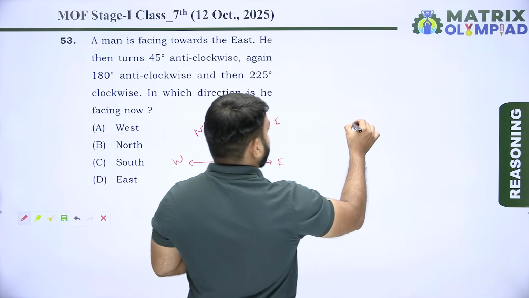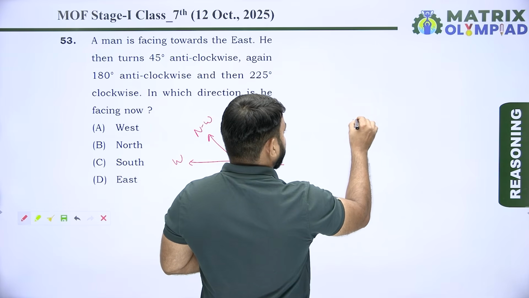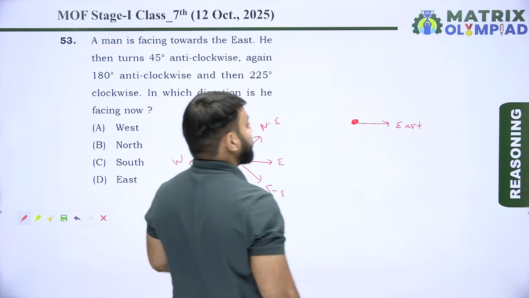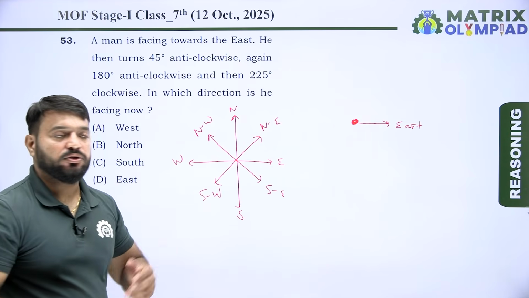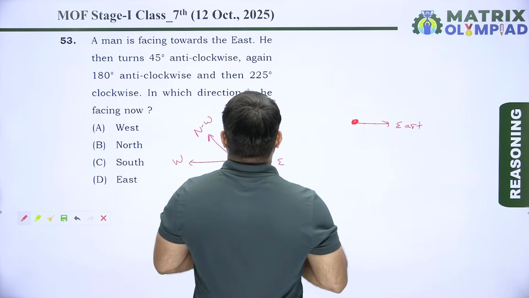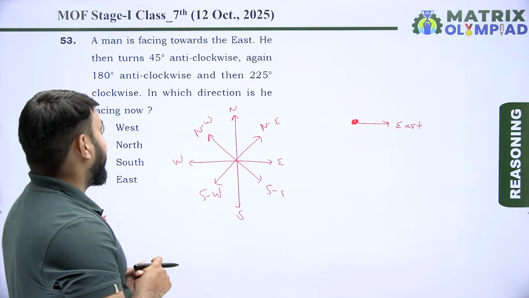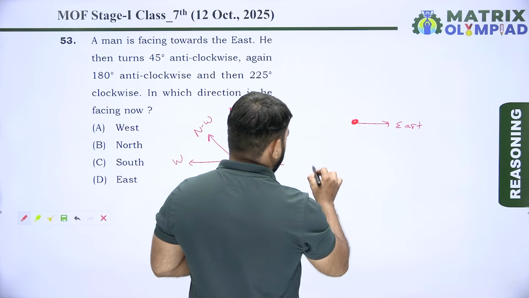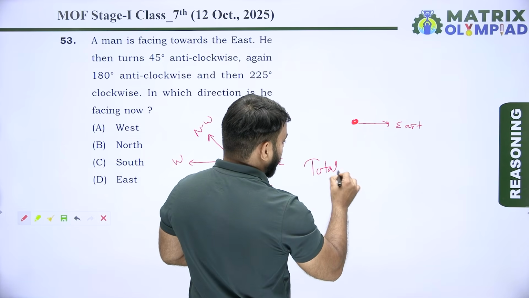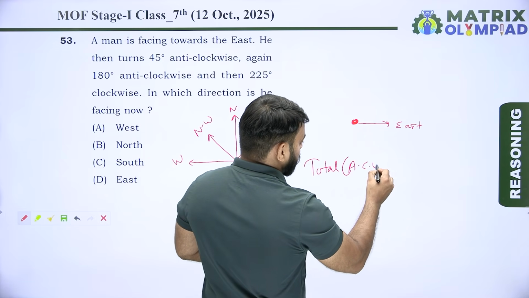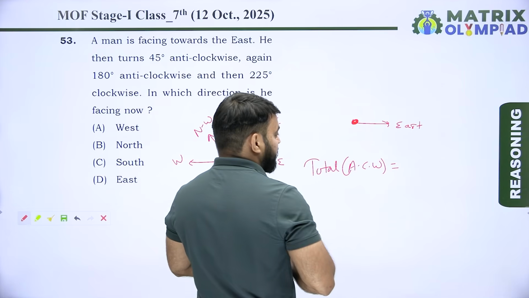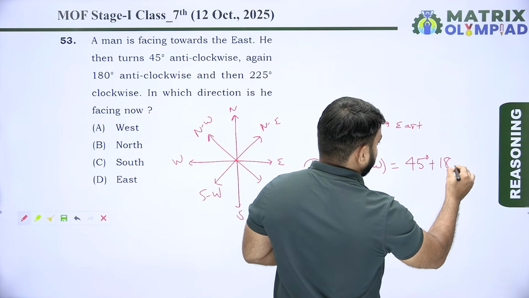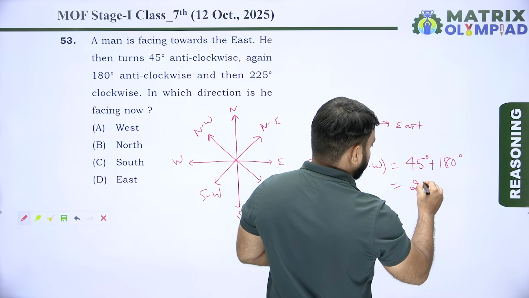Now according to the question, a man is facing towards the east direction. So the starting facing of the man is towards the east direction. Now he turns 45 degree anti-clockwise, again 180 degree anti-clockwise. So first count the total anti-clockwise turn. Total anti-clockwise turn is equal to 45 degree plus 180 degree, it means 225 degree.